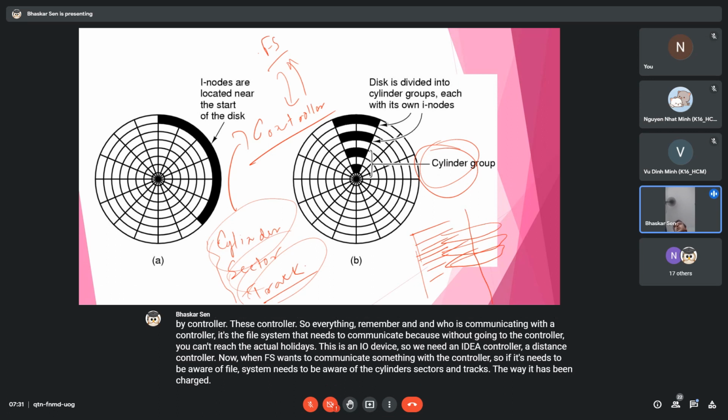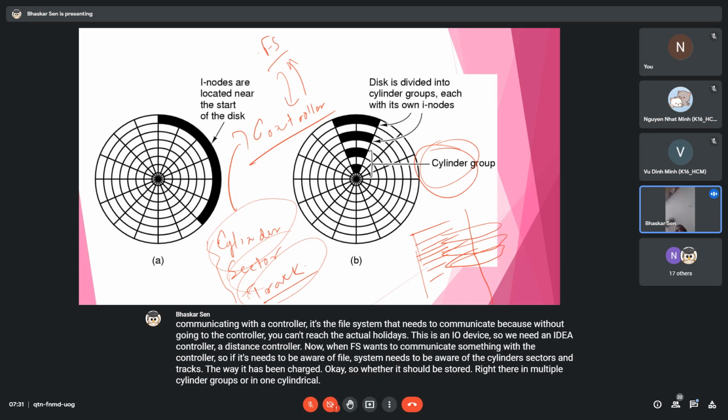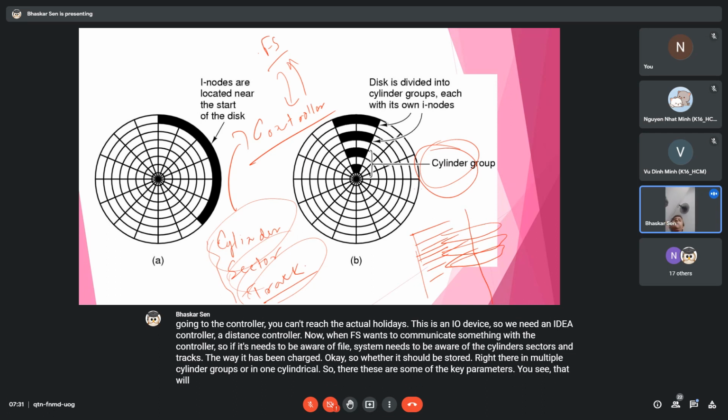Okay, so whether it should be stored right there in multiple cylinder groups or in one cylinder group. So these are some of the key parameters that will definitely make the difference.